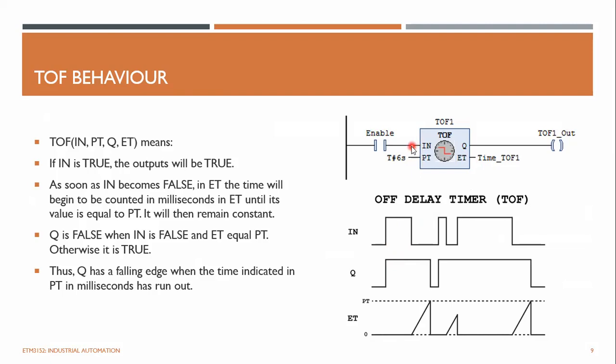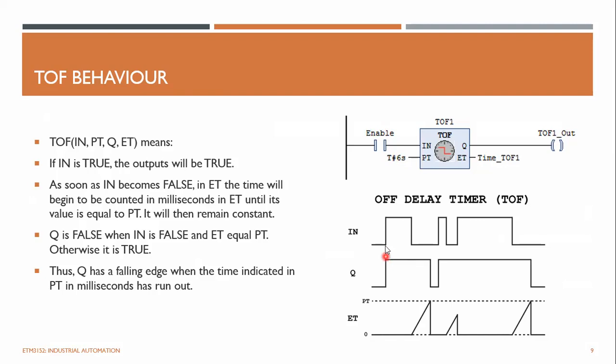Which means when you turn on this one, the output goes high. When you release or turn off this one, the output will go off after 6 seconds. The output will be set high for a certain period until the preset time is reached.